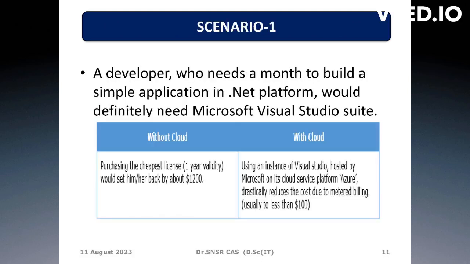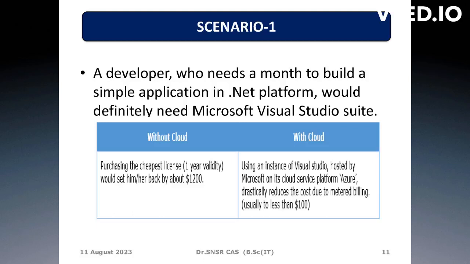Now let us take this scenario: a developer who needs a month to build a simple application, for example on a platform, would definitely need the Microsoft Visual Studio suite. Purchasing the cheapest license with 1 year validity would set him or her back about $1,200.